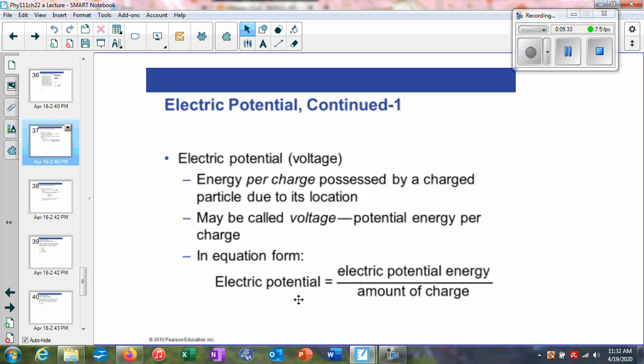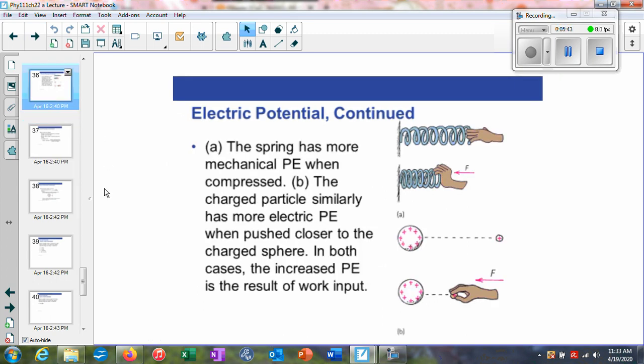Here it is in equation form. The electric potential is equal to the electric potential energy divided by the amount of charge. So if we go back and look at this illustration, I'm talking about however much charge this little thing has. This is the thing generating the electric field, okay? So I am talking about how many coulombs this little guy is, and I'm talking about the energy that it has per unit of whatever charge the smaller one has here.